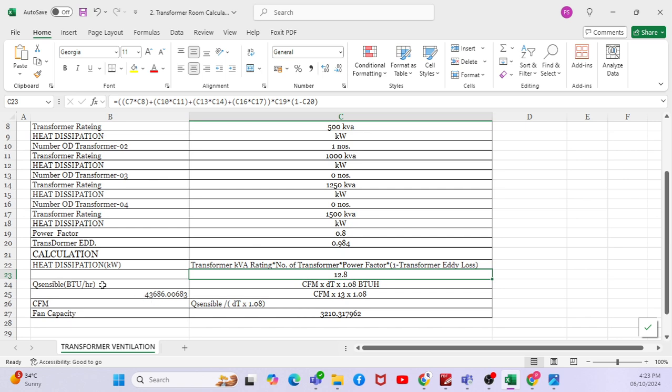And what is the heat transfer equation? BTU per hour is equal to CFM multiplied by delta T multiplied by 1.08. This is the equation.